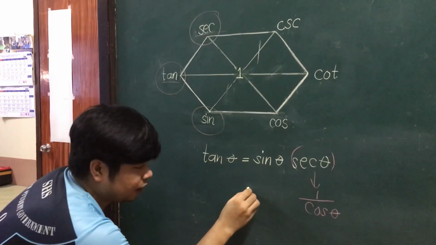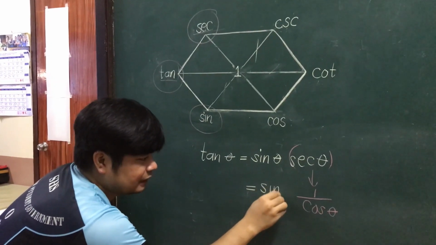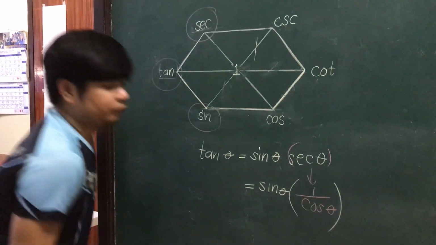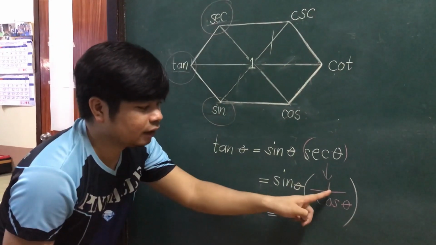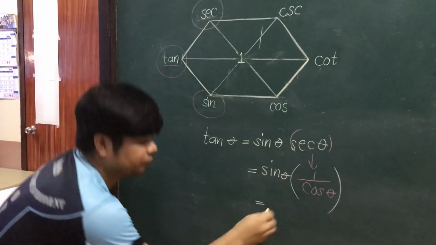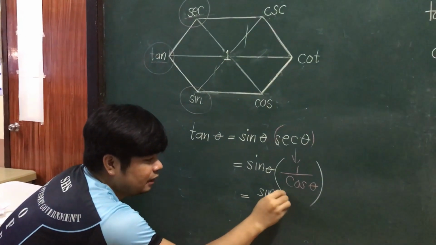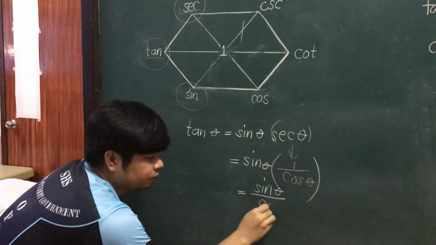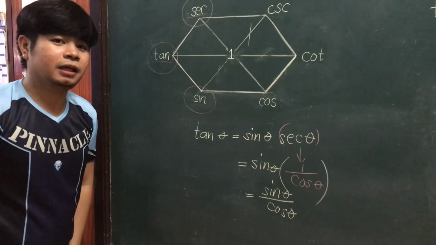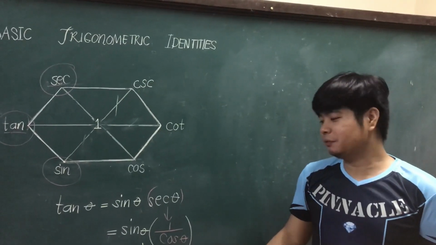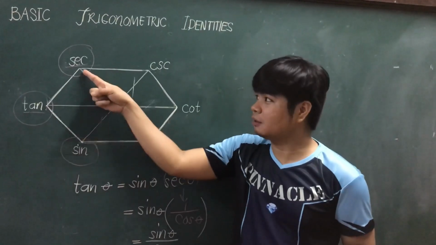Okay, so we bring down or copy sine theta. And observing that the product of sine theta times 1 over cosine theta is sine theta over cosine theta. And through the reciprocal identity, we already proved that tangent theta is equal to the product of secant theta times sine theta.